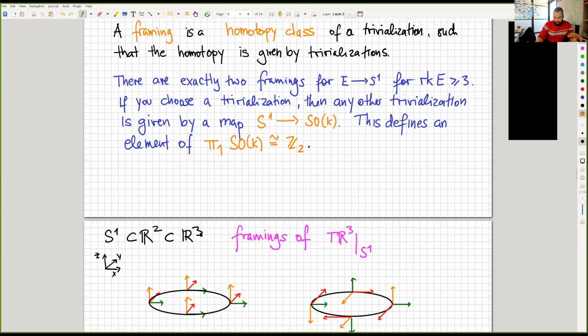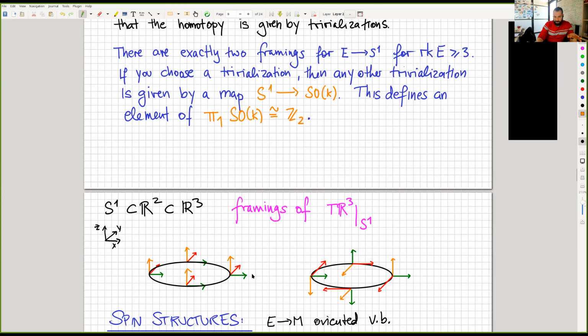Then you can picture the two framings of this trivial bundle over S1 as follows. In every point, you take, for example, the standard basis of R3 as a trivialization. It's the same, just E1, E2, E3 for every point. This is the one framing which corresponds to the 0, if you like. Or you can take the other one, which is like this.